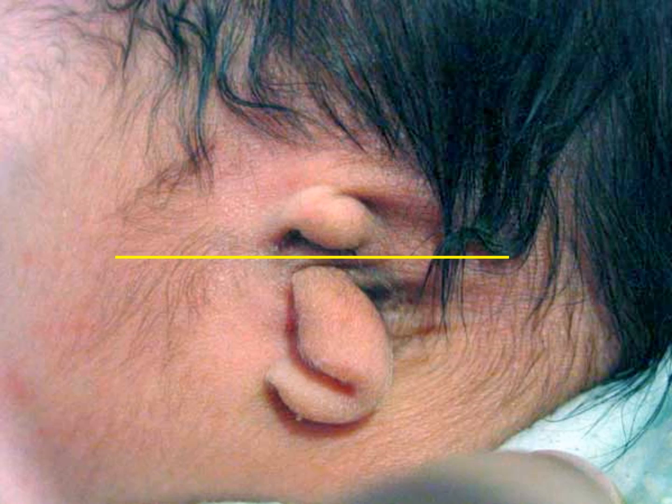Above the yellow line, this area is created by the ectoderm of the first arch, having several tubercles forming the superior part, and the area below the yellow line of the pinna of the ear develops from the ectoderm of the second pharyngeal arch.